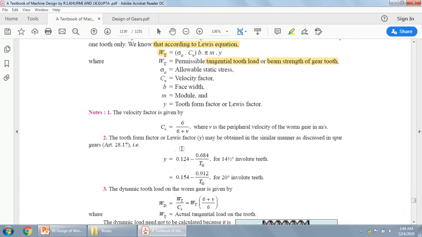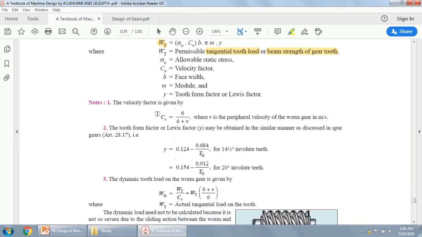CV is the velocity factor, and Y is Lewis's form factor, generally taken from this table, either for 14.5 degree or 20 degree involute.